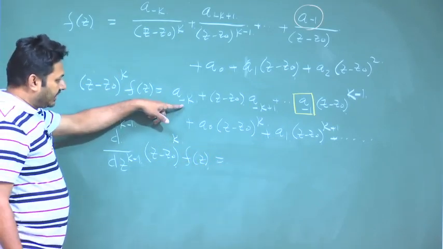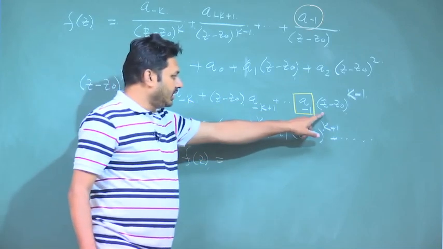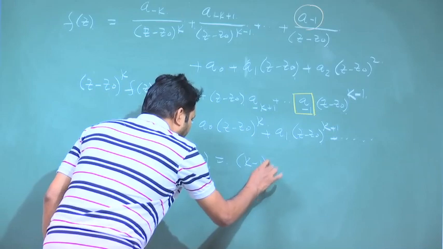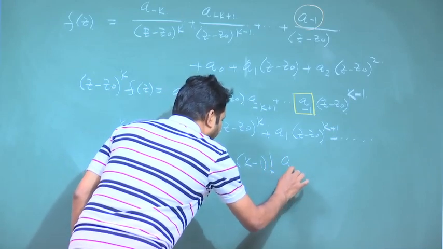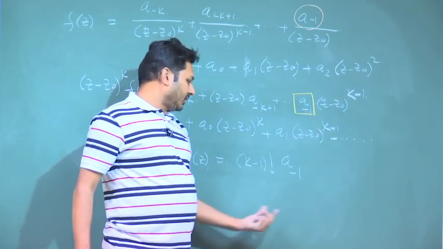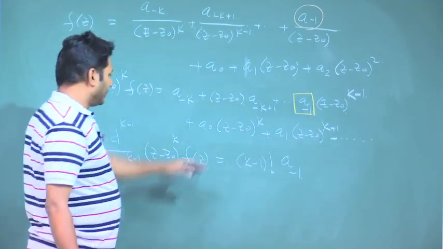Once I take the derivative k minus 1 times, all the lower terms go away, and the only surviving term is (k minus 1) factorial times a minus 1. Every time I take a derivative, the power comes down, and so the k minus 1 factorial term will be there.